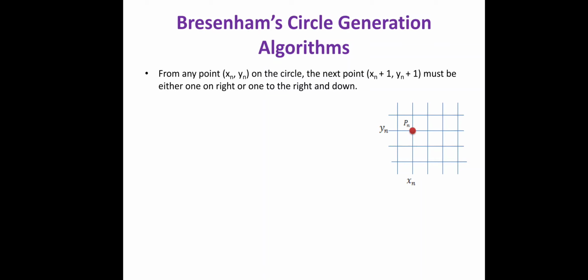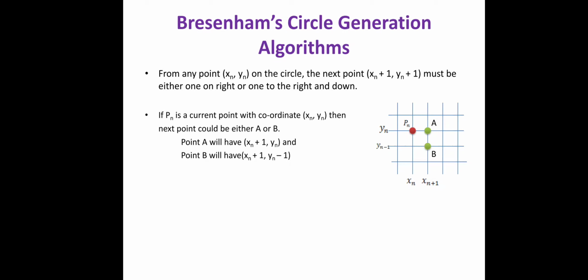The next coordinate will have x value xn plus 1. Two options are possible: we can choose A, or we can choose B. For A the coordinates are xn plus 1 and yn, and for B we are decrementing yn by 1, so it is yn minus 1.